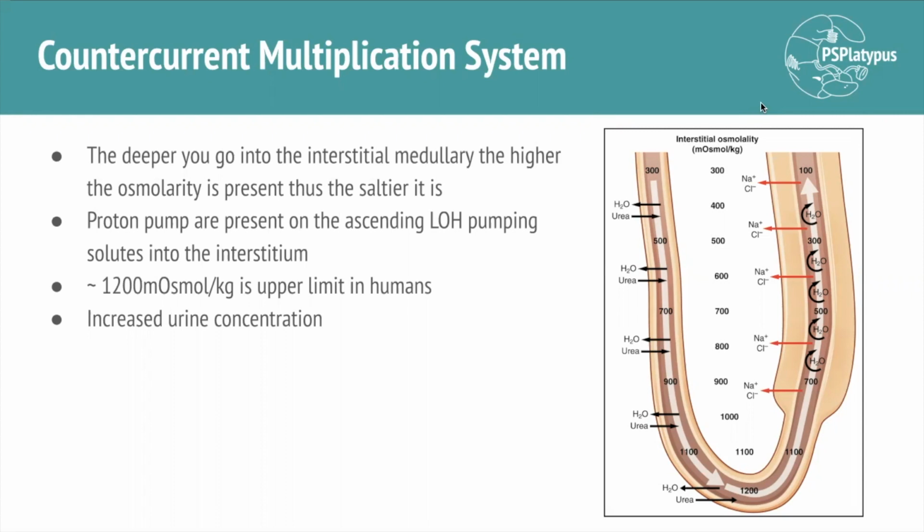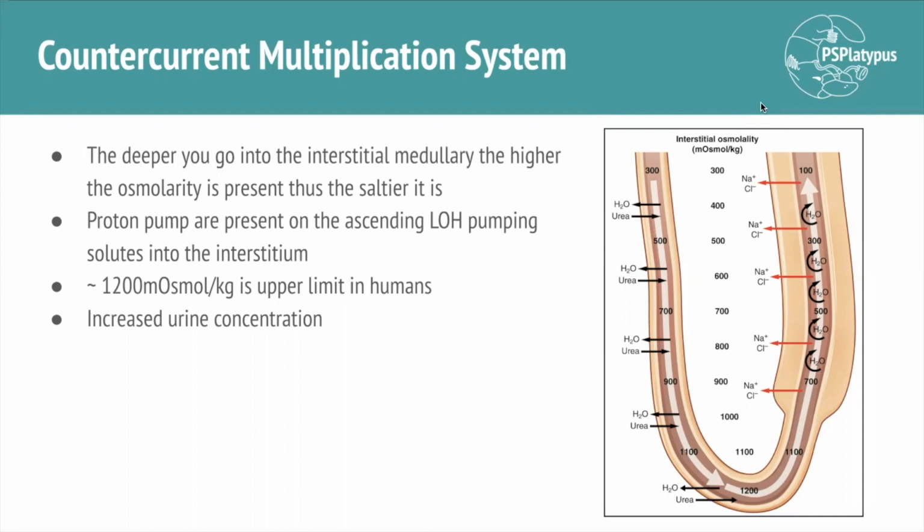Now, there is a higher interstitial medullary osmolarity, causing a greater osmotic gradient, resulting in more tubular fluid to be reabsorbed into the body in our descending loop of Henle. This process then repeats itself until a maximum interstitial osmolarity of approximately 1,200 milliosmoles is achieved, resulting in our maximal concentration of urine.